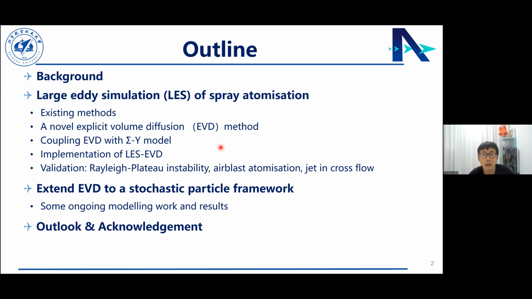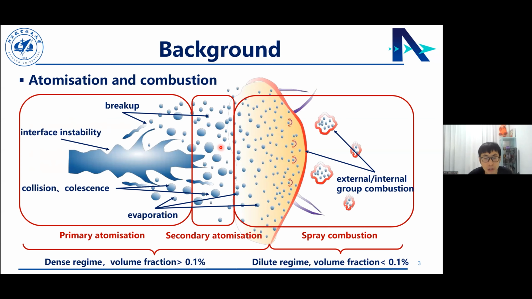First, the background. When we talk about atomization, we cannot avoid combustion. From conventional distinguishing methods, this process can be separated into a primary atomization period, a secondary atomization, and spray combustion.